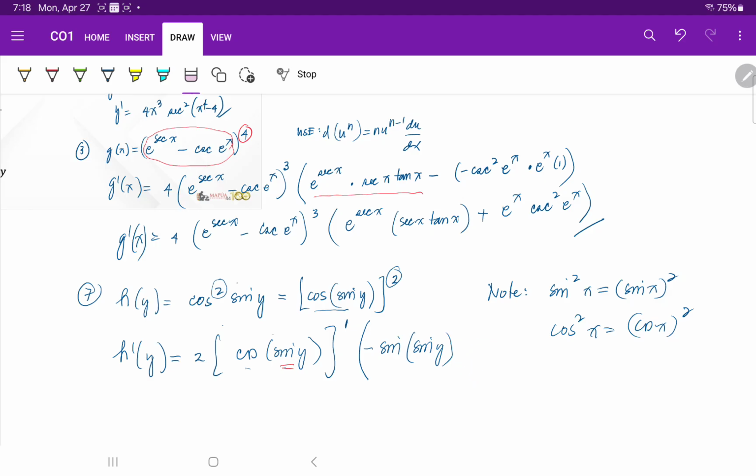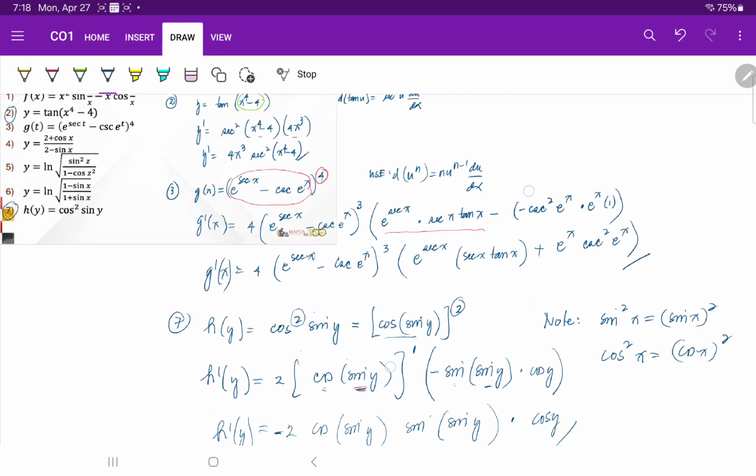It should be what? Again, cosine of u, this is your u. Derivative of cosine u, sine of u times the derivative of sine of y is cosine of y times 1. So this is 2 cosine of sine of y, negative because of this one. And then you have sine of sine of y times cosine y. So that's h prime of y.